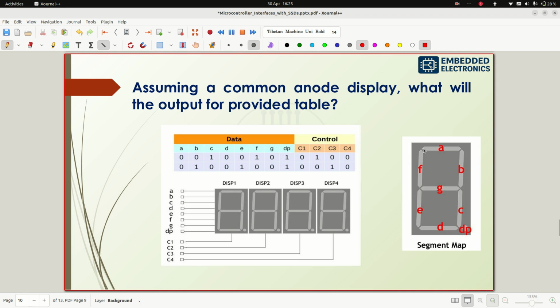So here A is 0, then B is 0, C is 1, D is 0, E is 0, F is 1, G is 0. Sorry, this is 2, right? This is 2.